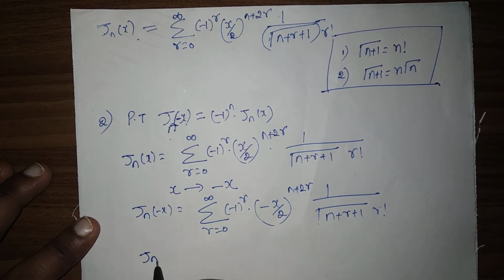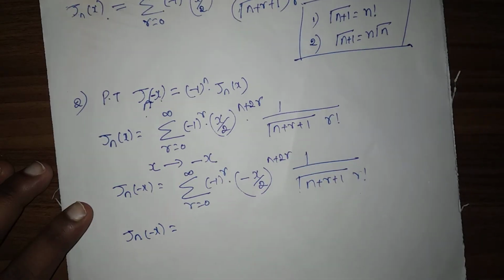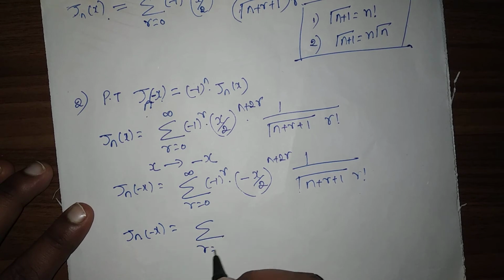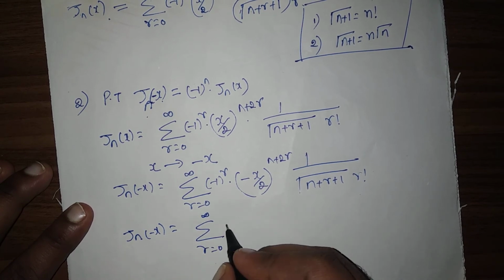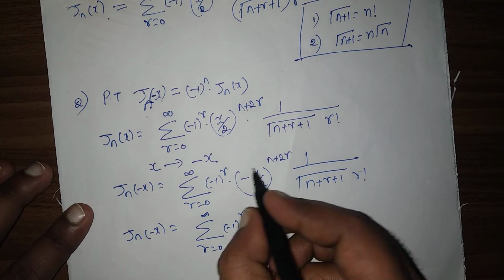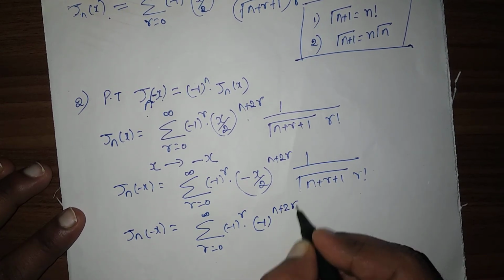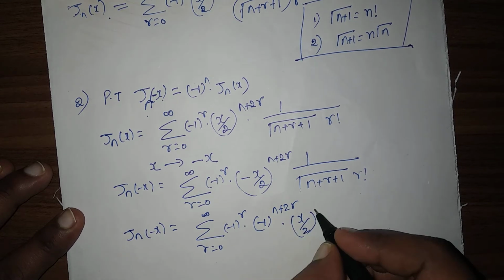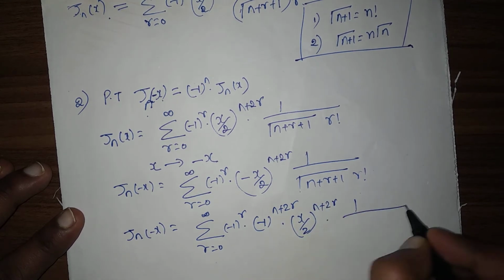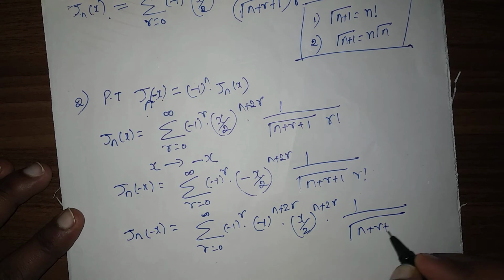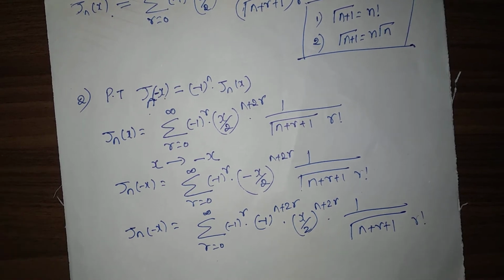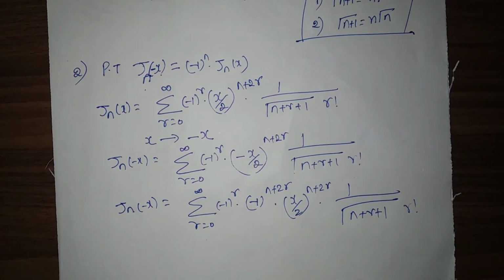Now Jn of minus x is equal to summation r varies from 0 to infinity, minus 1 to the power of r. I will write this term as minus 1 to the power of n plus 2r into x by 2 to the power of n plus 2r into 1 divided by gamma of n plus r plus 1 into r factorial, just for the sake of simplification.